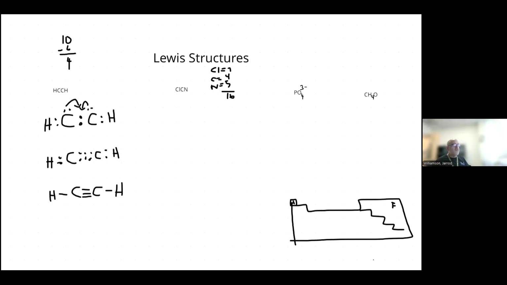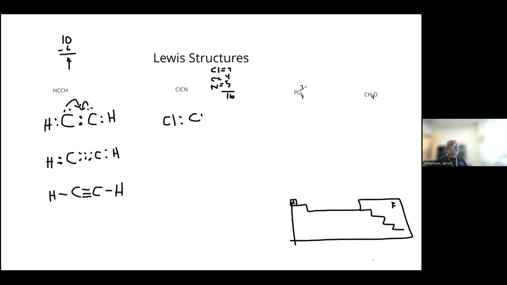The one that is furthest away from fluorine will be the central atom. So I'm going to make that carbon. And I'm going to put chlorine as a terminal atom, here. And then I'm going to put nitrogen over here.